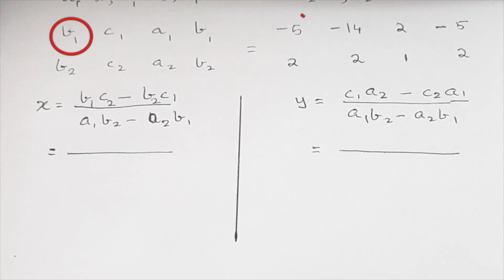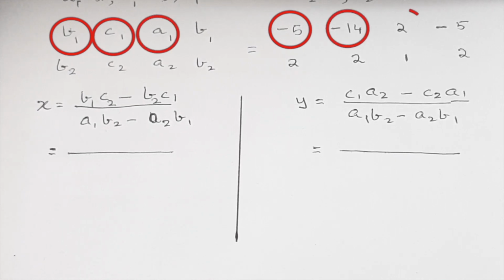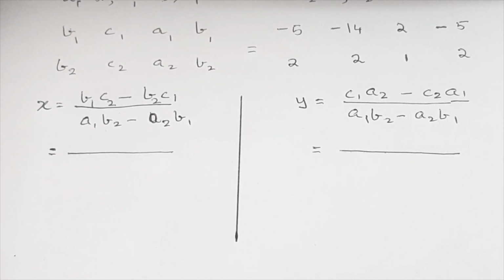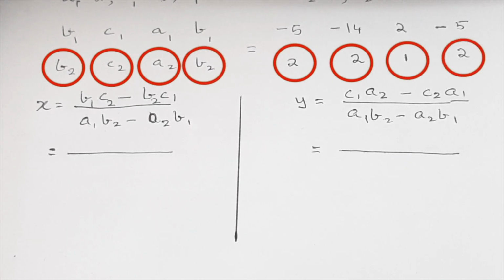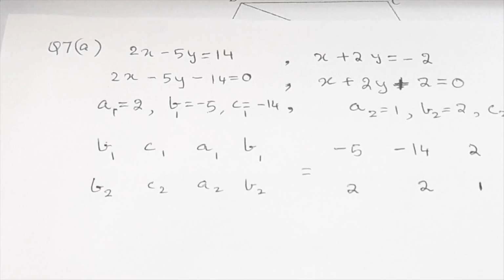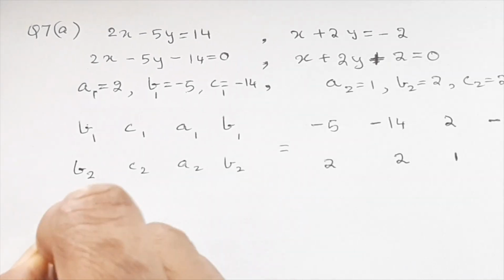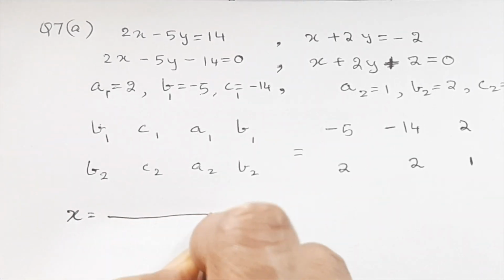So B1 is -5, C1 is -14, A1 is 2 and B1 is -5. And below this, exactly one below the other, we will be writing B2 means 2, C2 means again 2, A2 means 1 and B2 once again it will be 2. Now we are going to write our formula. Our x is equal to, you have to know this by heart.